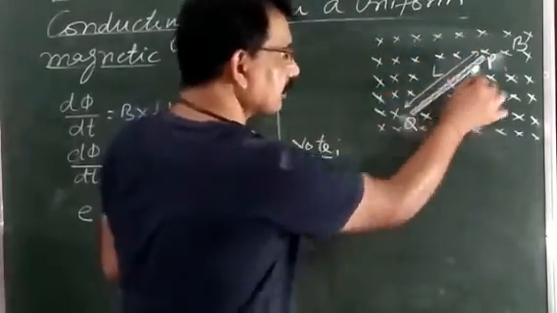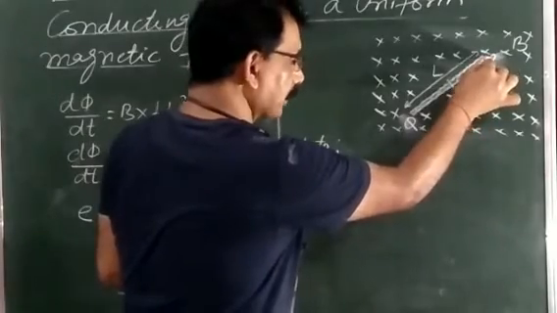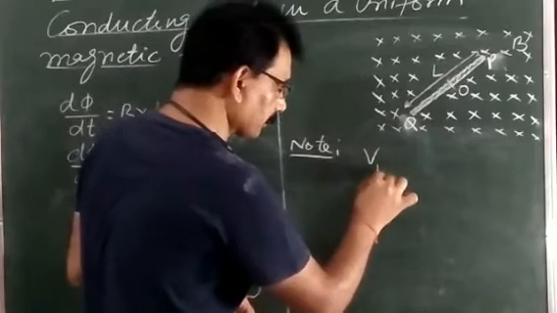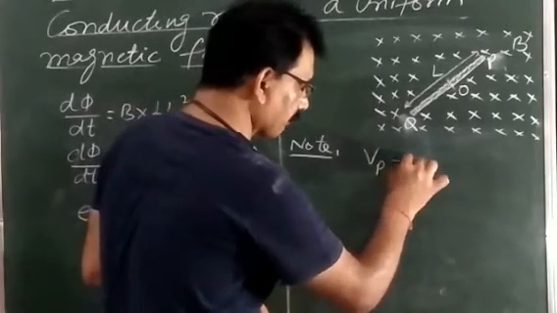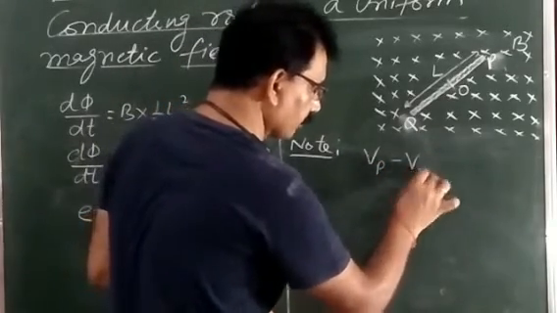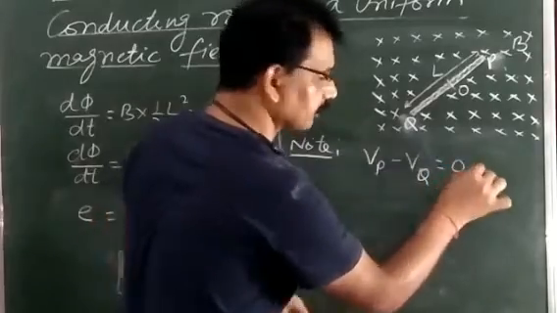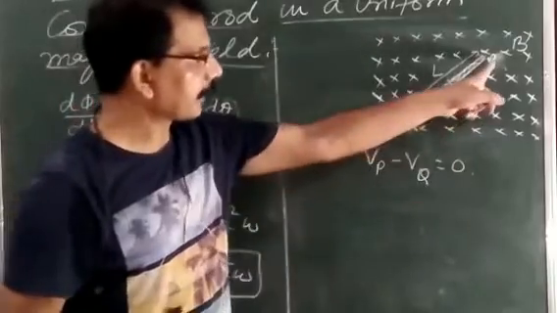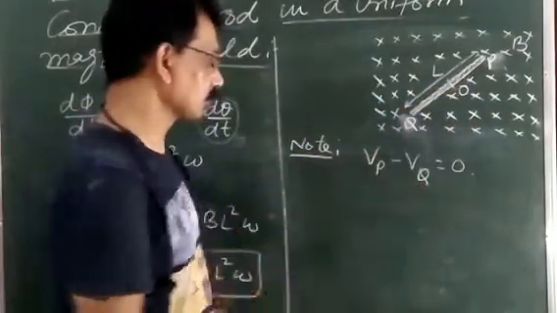So in this case, the potential developed at point P as well as point Q, the potential difference between P and Q, you can write Vp minus Vq is equal to zero. It means the net potential difference between point P and Q is equal to zero. This is the first point.